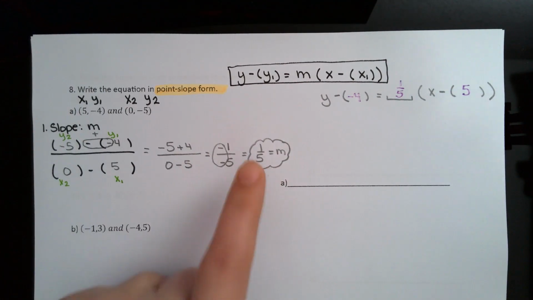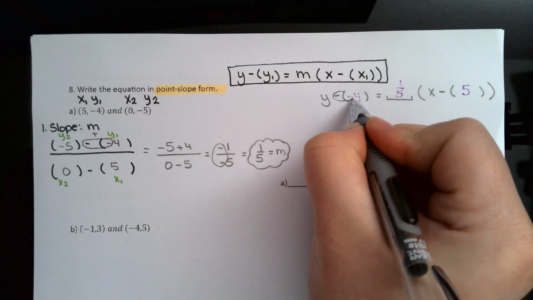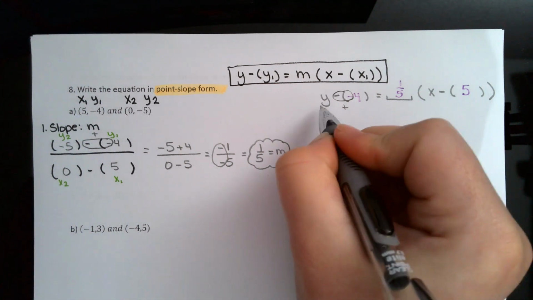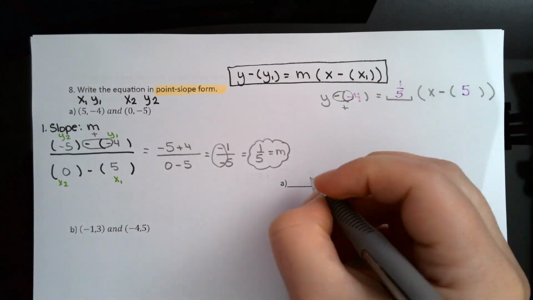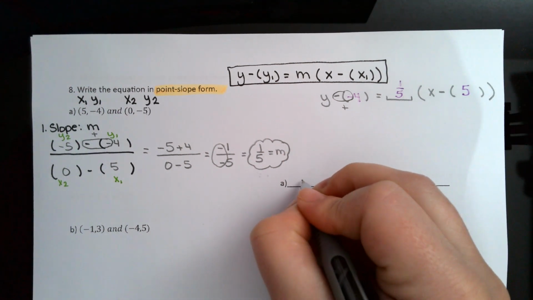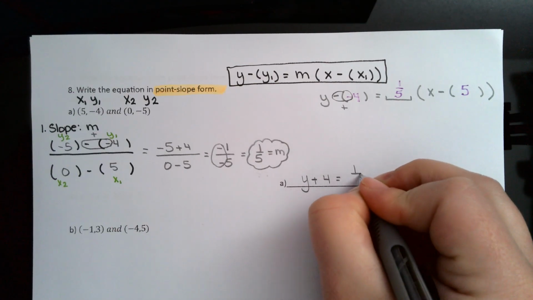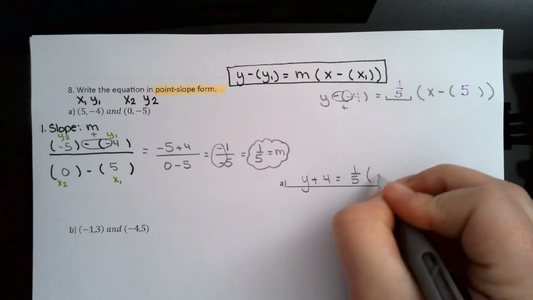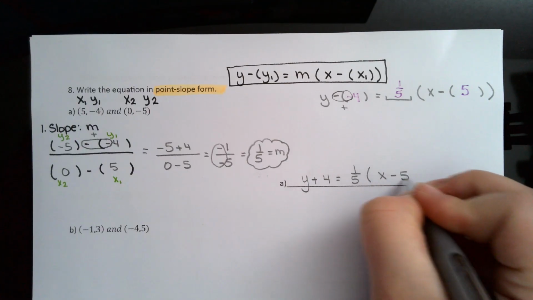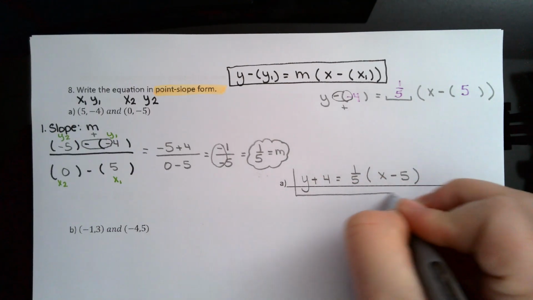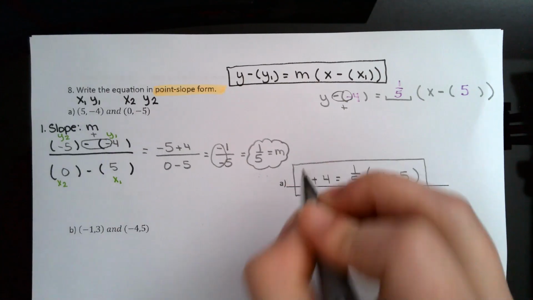If we have any double negatives like this, we need to simplify it to a positive and rewrite our answer. So for A, our answer is going to be y plus 4 equals 1/5, open, x minus 5, close. This is our answer for point slope form.